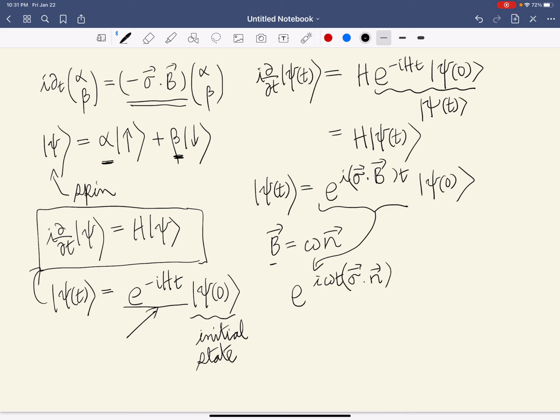But from the previous video, we know that this exponential of the Pauli matrix has a much simpler expression: cosine omega t plus I sigma dot n multiplied by sine of omega t.